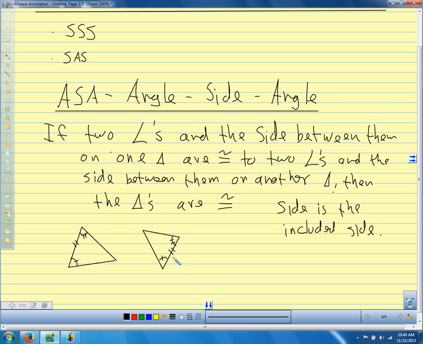So the side is between the two angles. Just like we talked about on block day, our triangles match up in the way that it says in our postulate. Angle, side, angle.